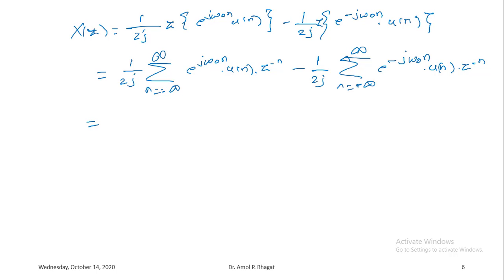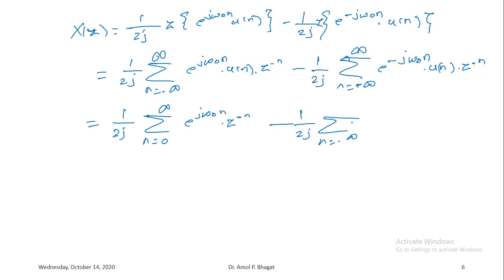You can take this summation limit 0 to infinity. So this u of n can be replaced with 1 for those values in both cases. So it will be 1 upon 2j summation n is equals to 0 to infinity e to the power j omega 0 n into z to the power minus n, minus 1 upon 2j summation n is equals to 0 to infinity e to the power minus j omega 0 n z to the power minus n. Okay.